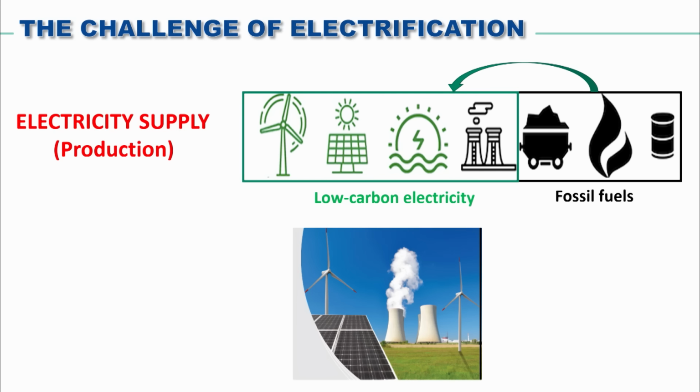So what we have done best so far regards the production of electricity supply. This is through the development of massive capacity of solar and wind plants, together with promoting a new renewal of nuclear energy.